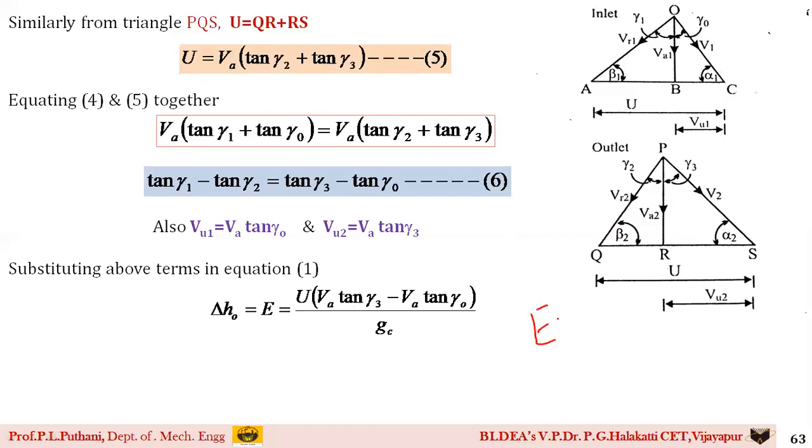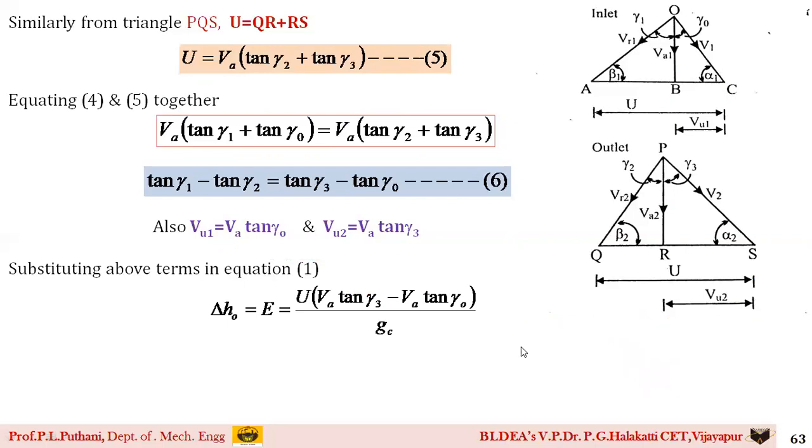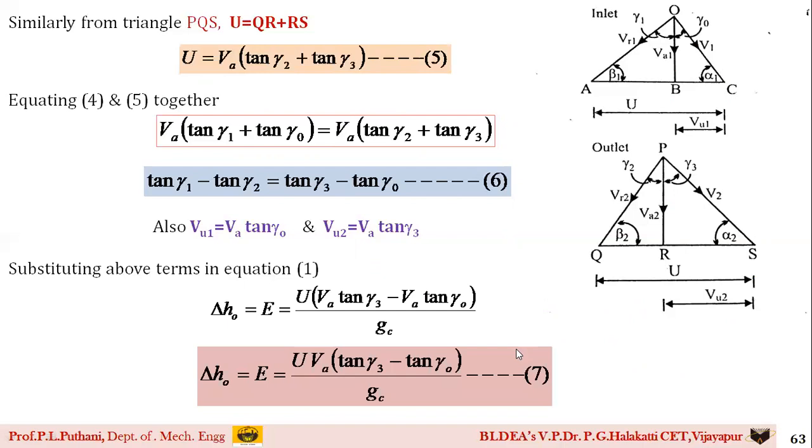Our equation 1 is E is equal to U of VU2 minus VU1 by GC. So this is VU2, this is VU2, then this is VU1. You can see here. So again, I can write this equation as U into VA into tan gamma 3 minus tan gamma naught by GC.